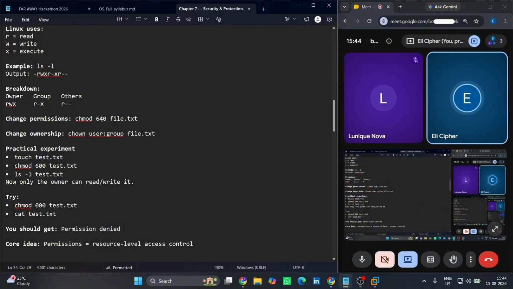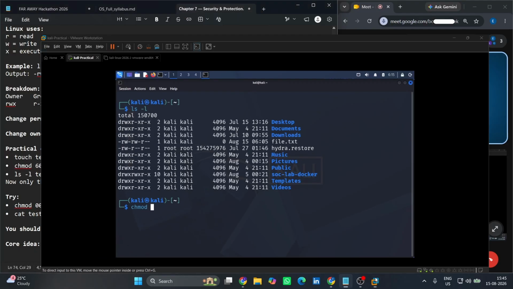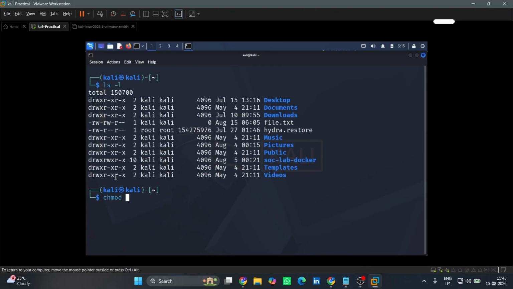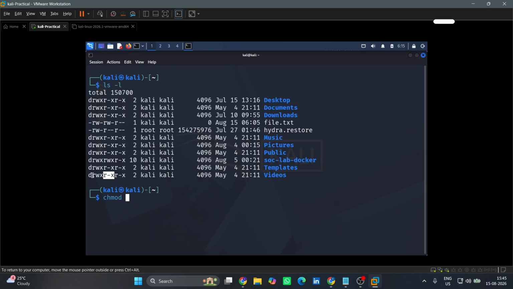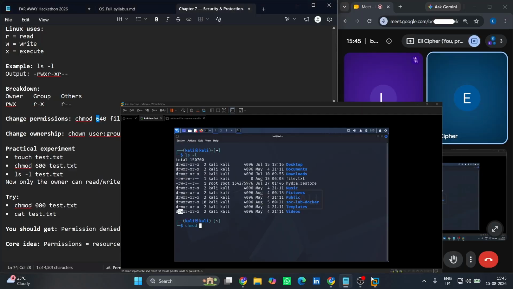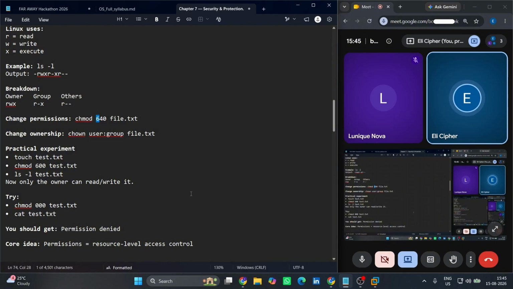Here 4 changes the permission to r hyphen x again because it is the same here. And here the 6 changes the permission, which is rw. So you have to take care of the order, right? That what order is there.